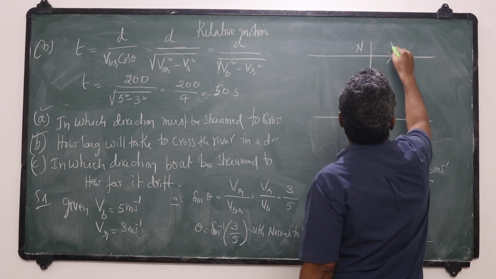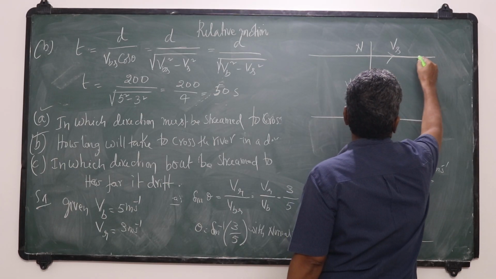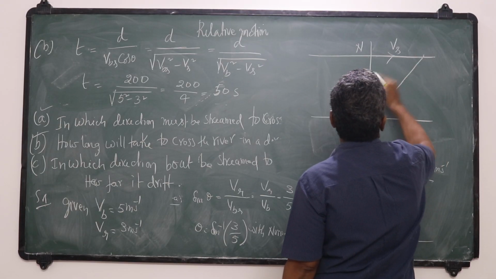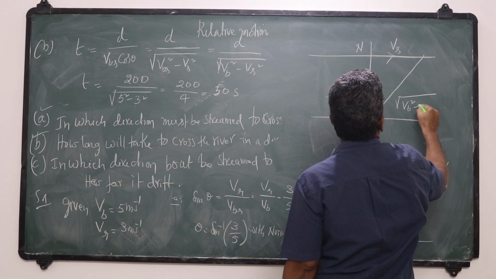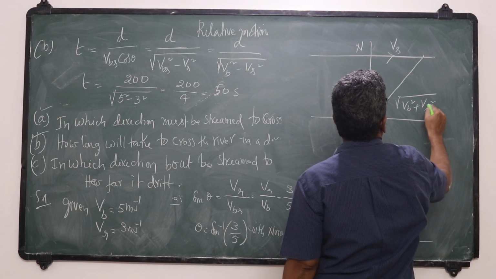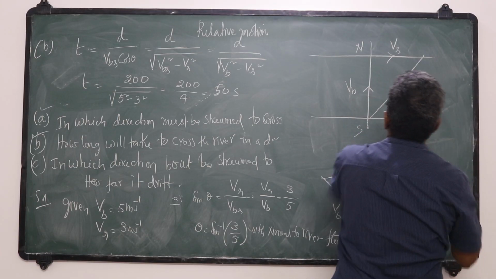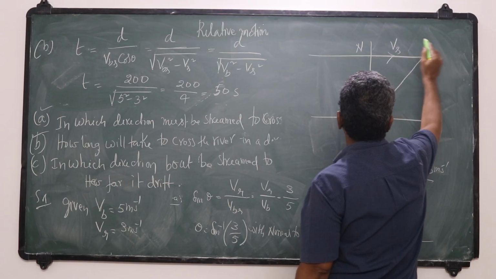Due to the river flow, the boat will reach this point C. The resultant speed is the square root of VB squared plus VR squared in this direction.